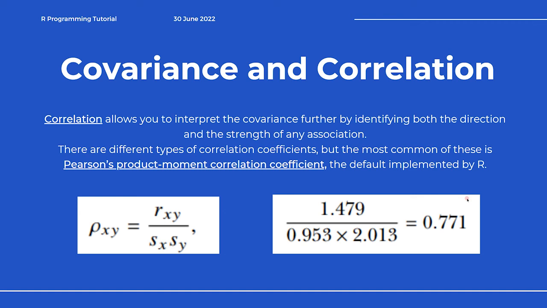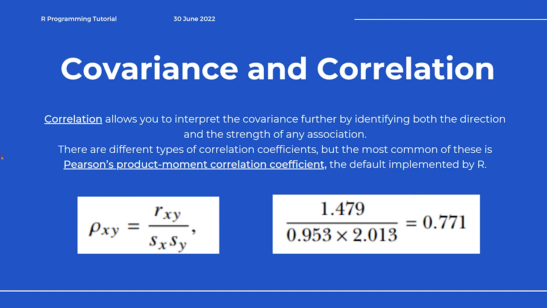Again, 0.771 indicates a moderate to strong positive association between the observations in x and y.